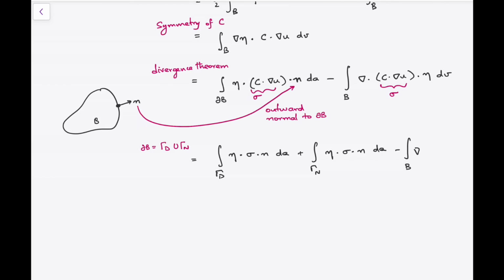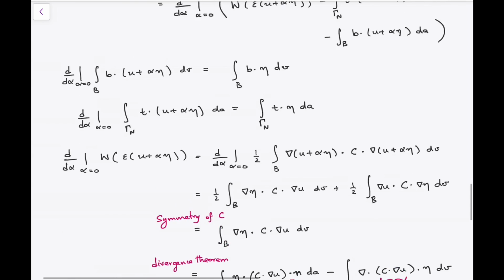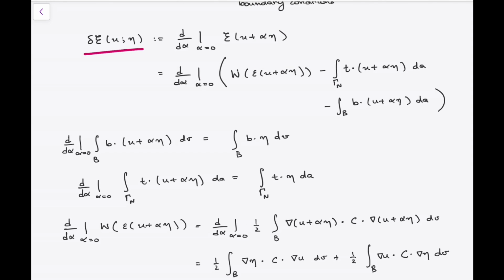So you see that the boundary term splits into two terms, which is the sum of the integrals over the Neumann and Dirichlet boundaries, and the term involving the Dirichlet boundary goes to 0 because eta vanishes there. So you just have this expression of eta dot sigma dot n evaluated over the Neumann boundary minus the divergence of sigma dotted with n, dotted with eta. Sorry, you have to be careful about that.